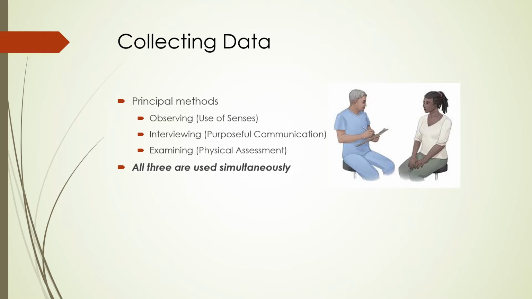It needs to be purposeful communication with the patient. And then the physical head-to-toe assessment. We use all three at the same time. While I am doing my head-to-toe assessment, I am actually observing the patient. I am using all of my data collecting skills while I'm talking to this patient. We can do all three at the same time, okay?